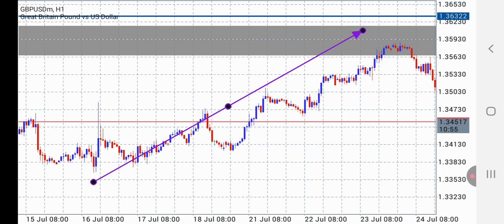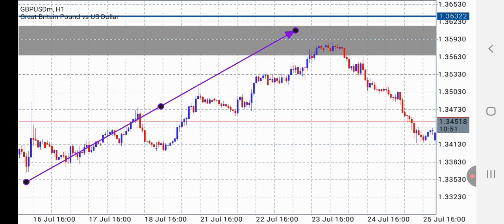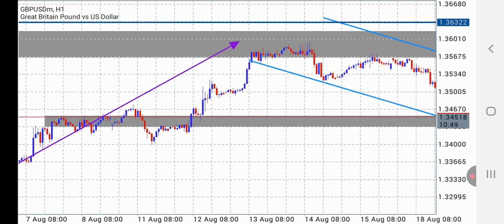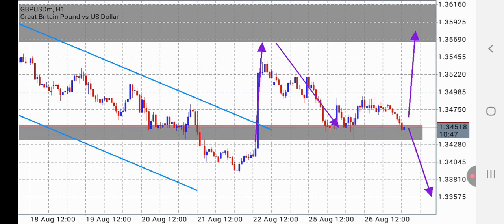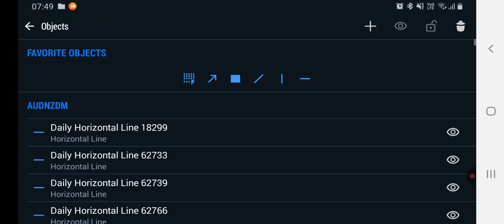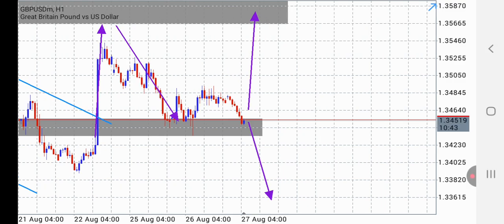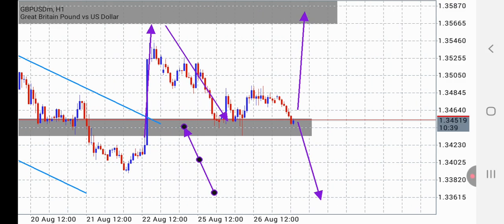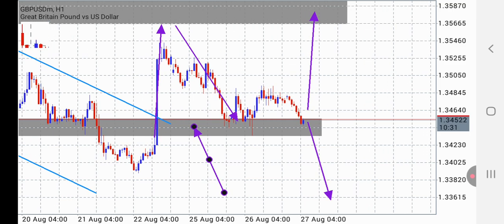To approach support, you should think of it as a floor. Again, this is what I meant. The very same support we created right here, right? So for you to understand support, treat it as a floor. Every time it gets hit, it rejects or it rebounds, right? Same thing goes with the resistance.